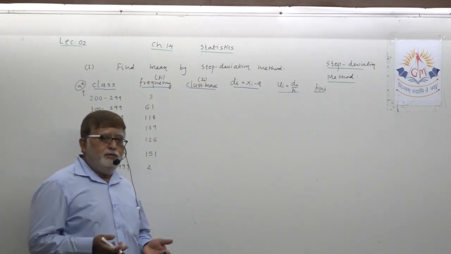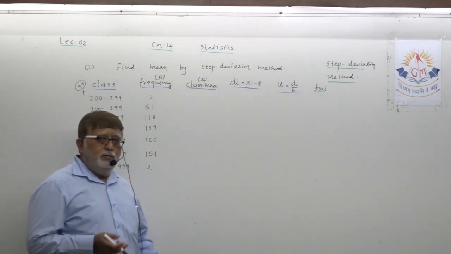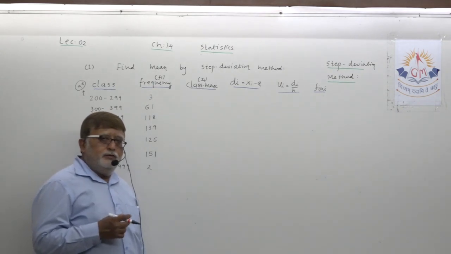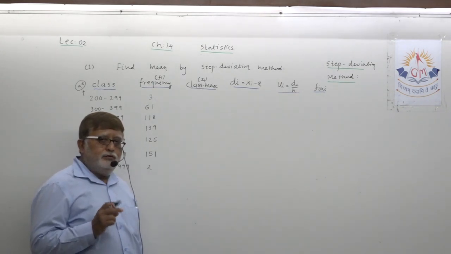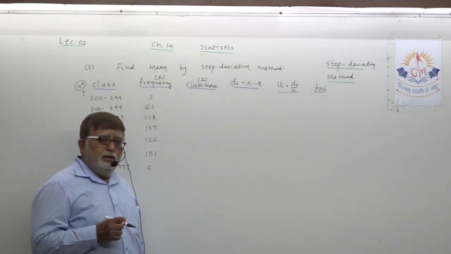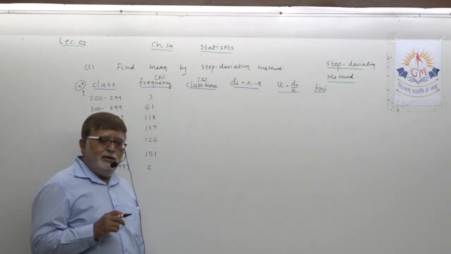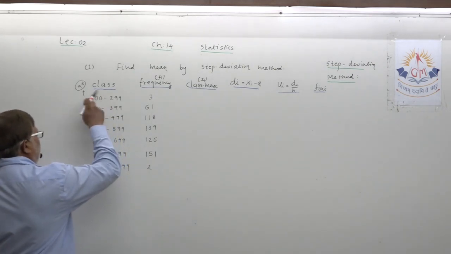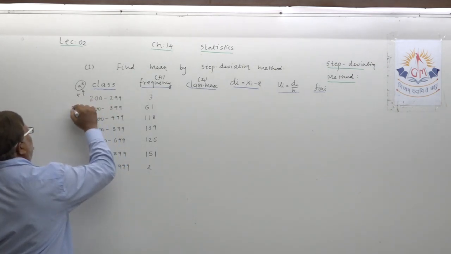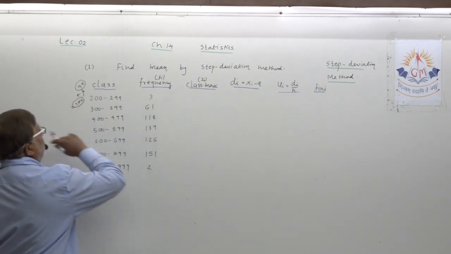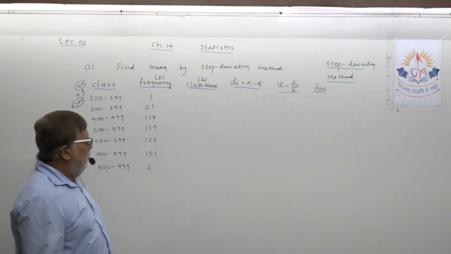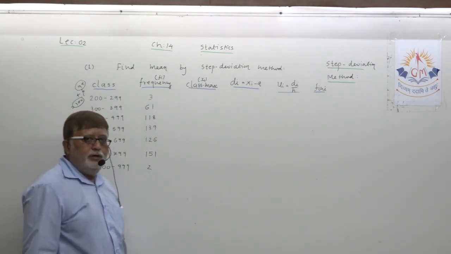Obviously, any student will think that way. But whenever you come across such discrete or discontinuous data, be more conscious in taking the class length. Whatever you normally take, take one more. So what is the class length you will take? 100. Remember this. That is the only very important point.